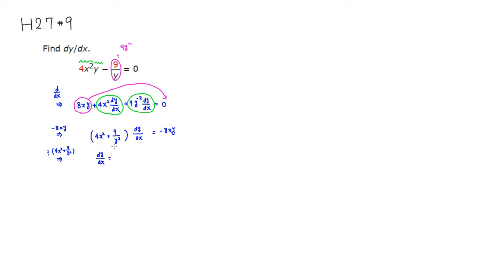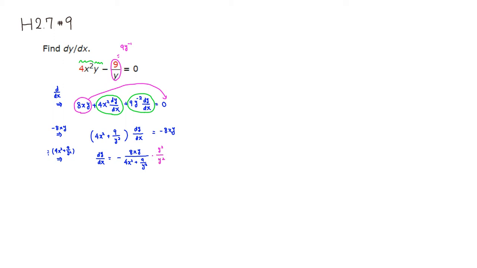So this is going to be equal to, it's a negative, so I'm going to put the negative sign in front, 8xy, then divided by 4x squared plus 9 over y squared. I don't like having a fraction inside a fraction, so I'm going to multiply the top by y squared and the bottom also by y squared.